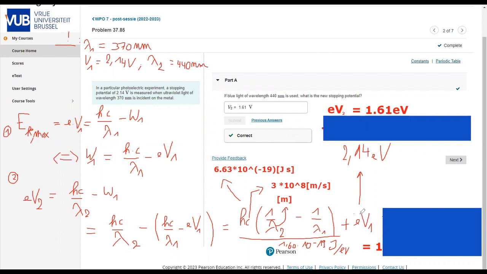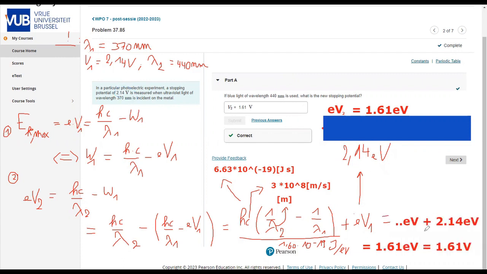And then I did here, I just say that EV1 is equal to this because it was given in the first situation. And then we get this. So if we get this, then finally we get this. But how do I have this one?